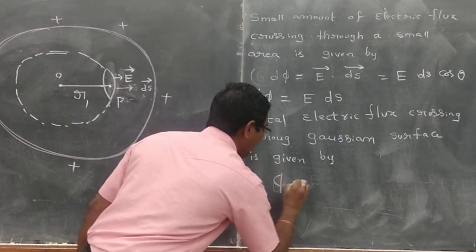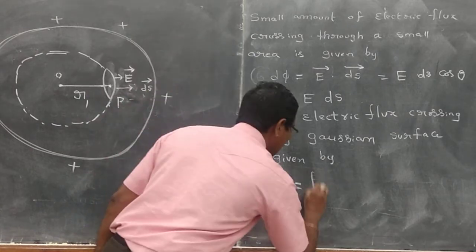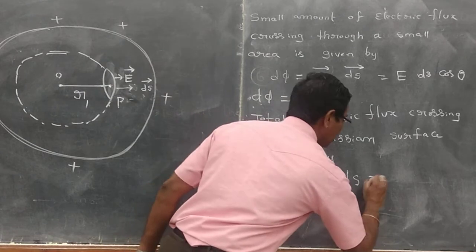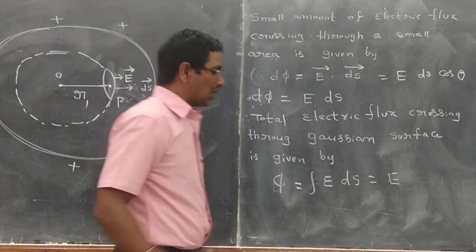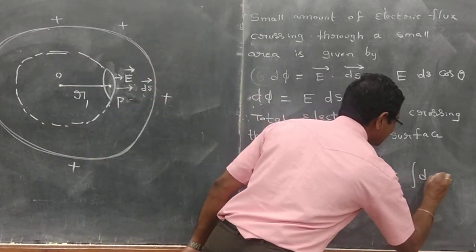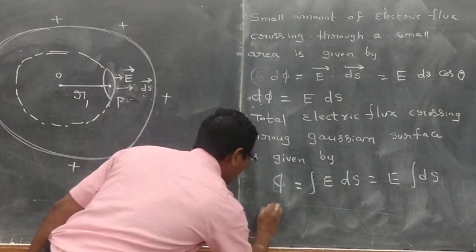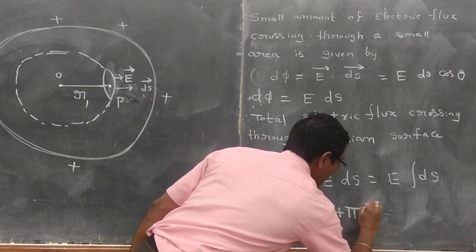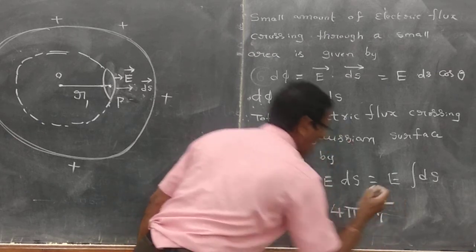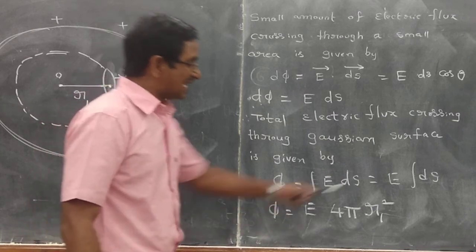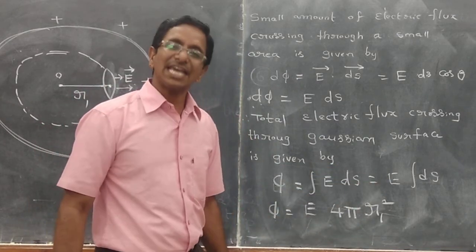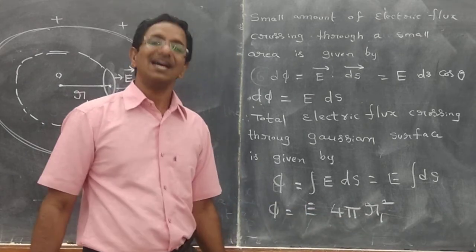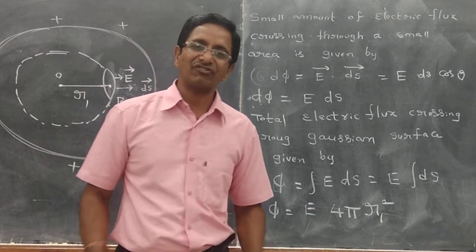Phi is equal to integral E dS, that is equal to E into integral dS, that is E into 4 pi r1 square, since integral dS is equal to 4 pi r1 square, the surface area of the sphere.